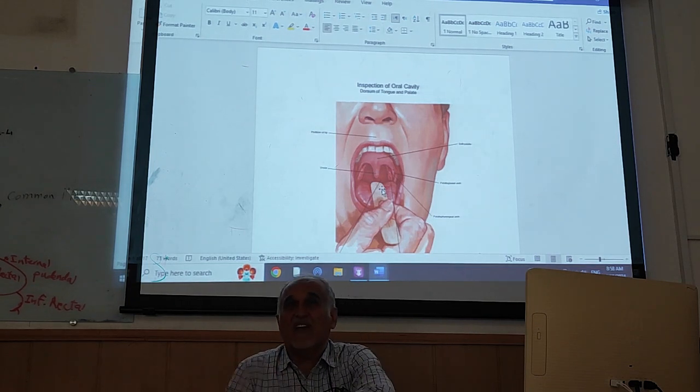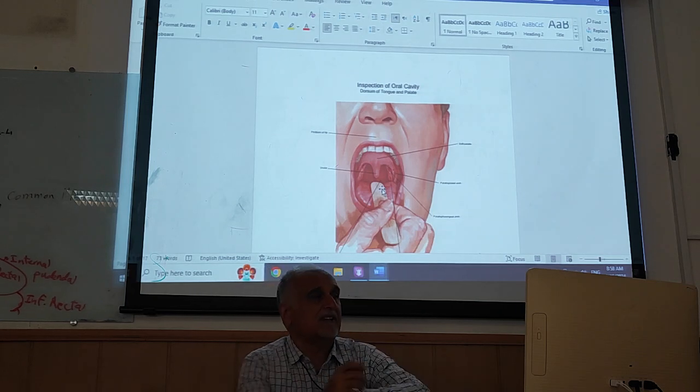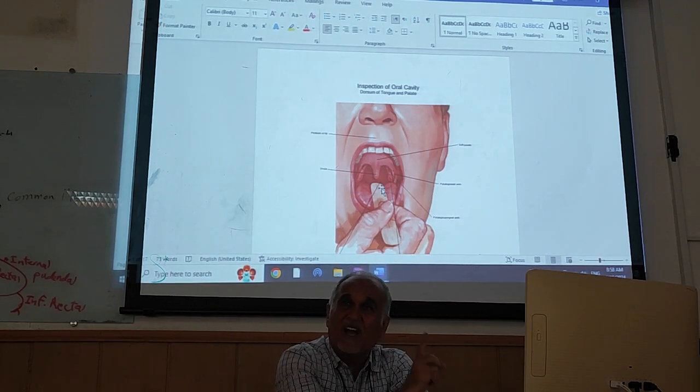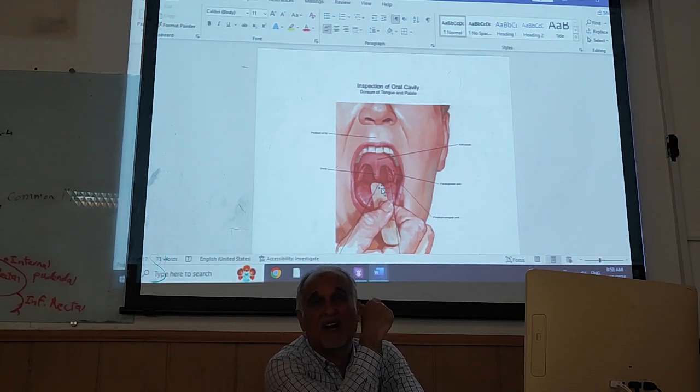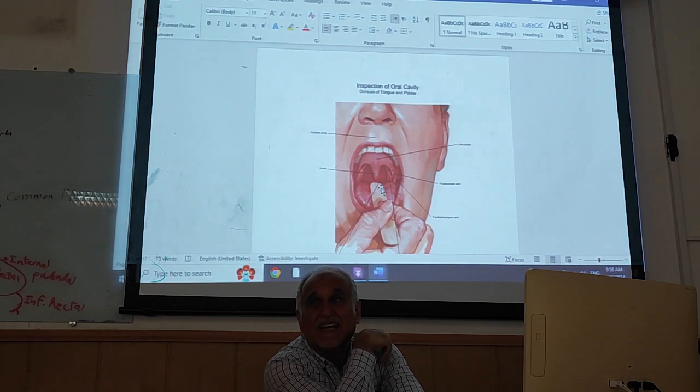Which tonsil do we have extra than the pharyngeal and the one on the tongue? Where is the location of the third tonsil? The posterior end of the tongue.